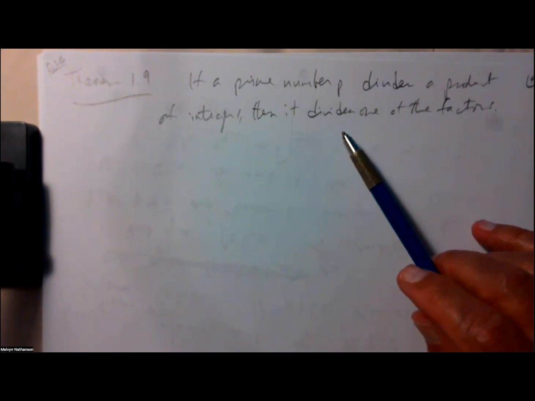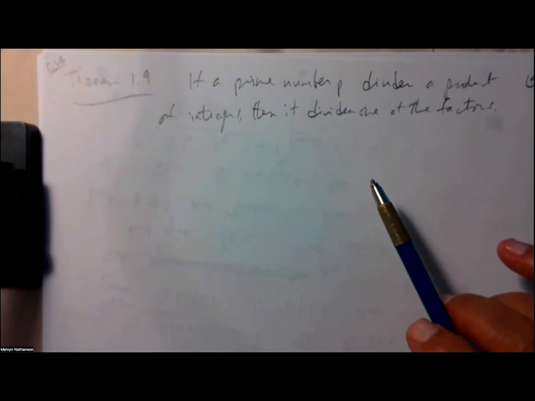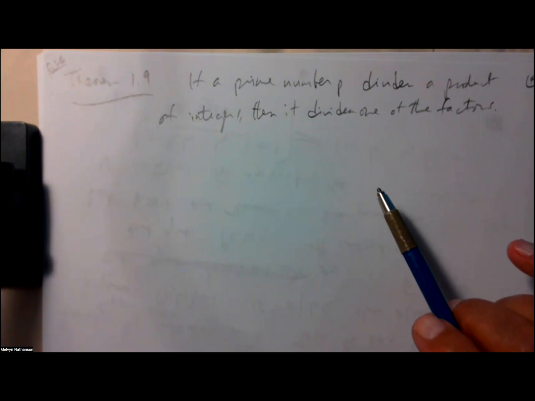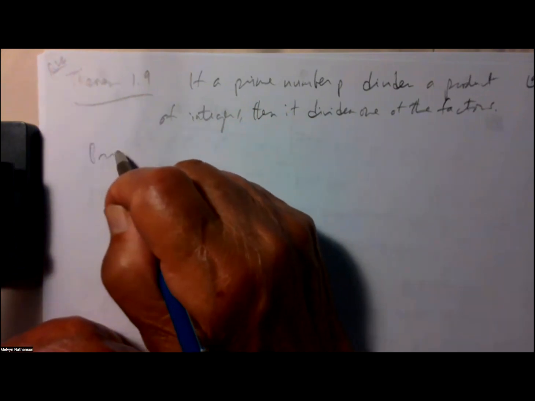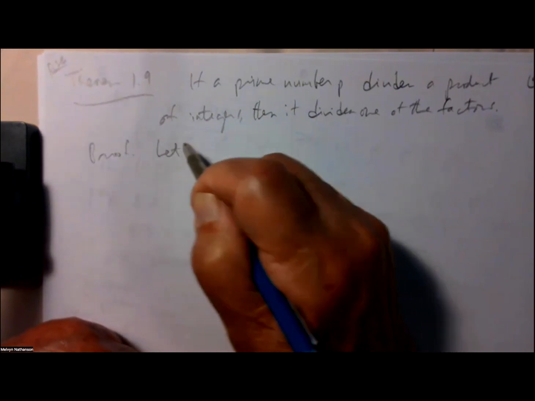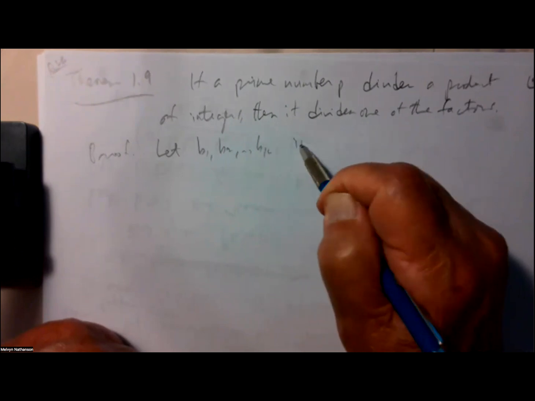So theorem 1.9 says if a prime number p divides a product of integers, it divides one of the factors. Proof. Suppose I have k integers, b1, b2 up to b sub k.